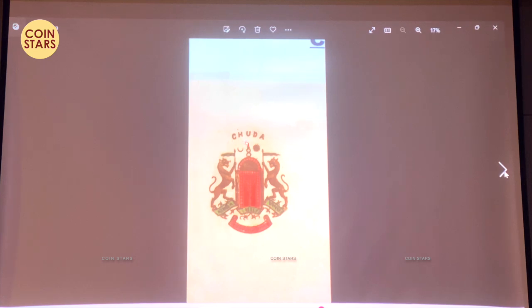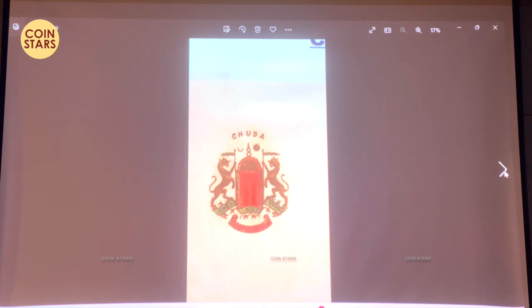Next, this place called Chuda in Gujarat. I think many people are here from Chuda. Two tigers holding the shield with Trishul in the middle, and the sun and the moon.